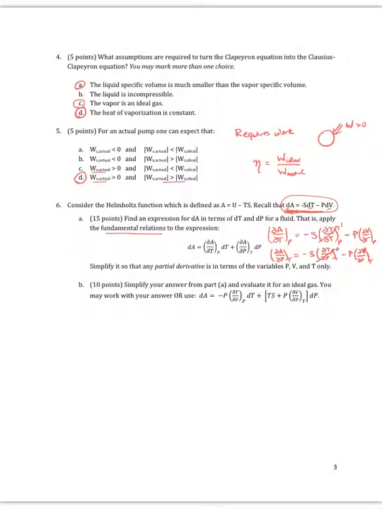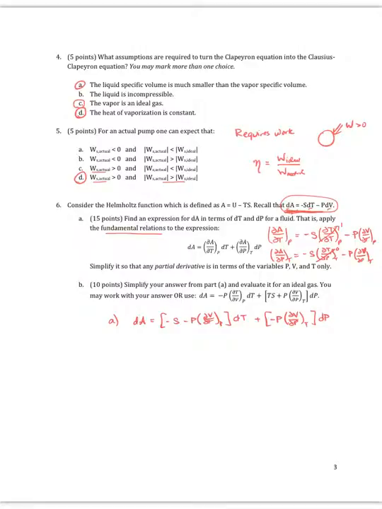So therefore, my answer to part A should be that dA is equal to minus S minus P dV dT at constant P, all times dT, plus negative P dV dP at constant temperature dP.